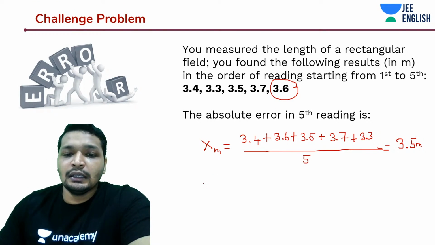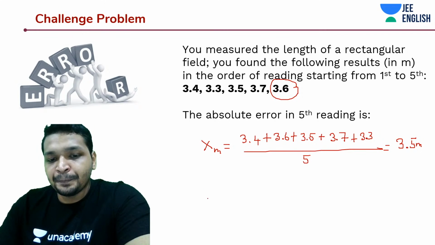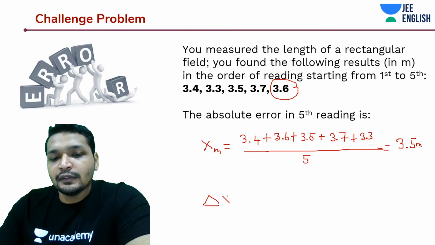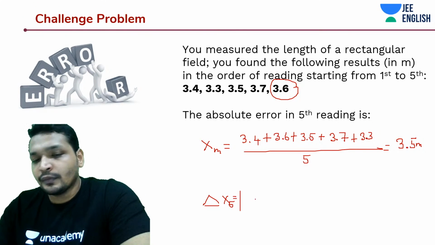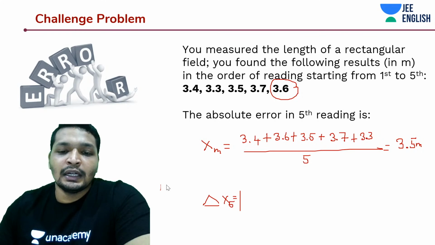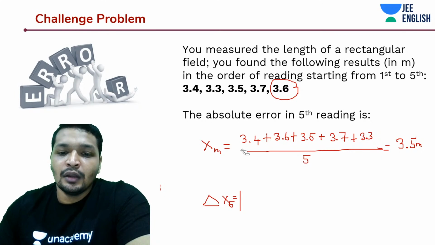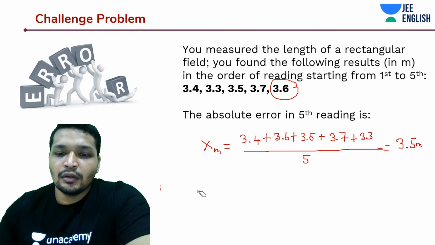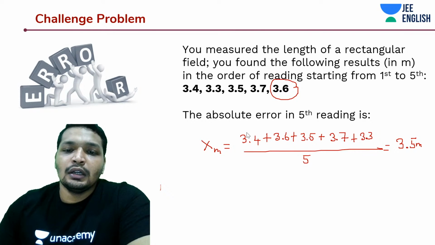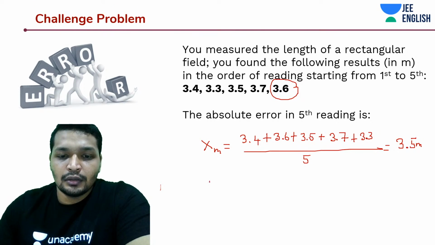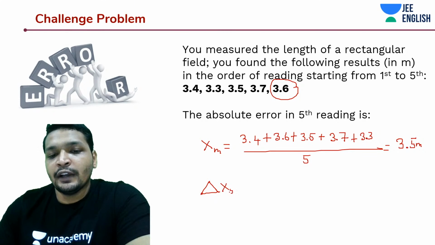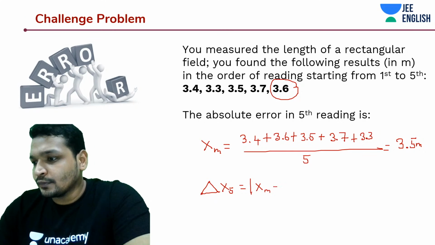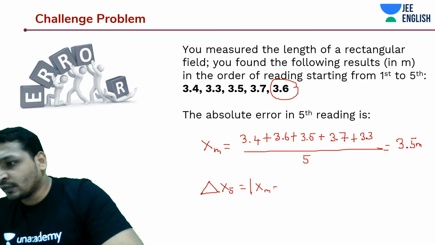How much is the error while I was taking the fifth experiment? Delta x5, nothing but, delta x5 should be how much? Delta x5 is equal to x mean. That's correct.